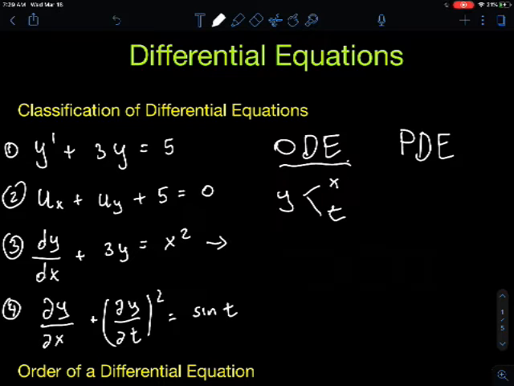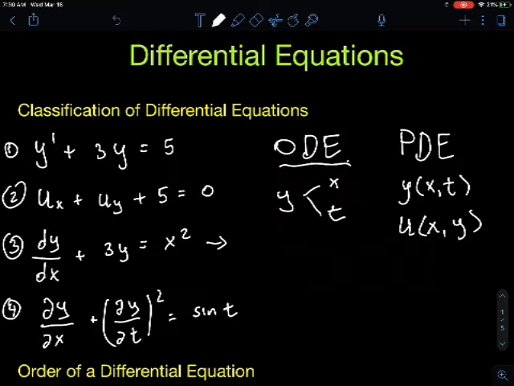It's usually obvious from the equation, not always, but we'll see in a problem what I mean. And PDEs are functions that depend on two or more independent variables. So we'll have functions like y that depend on two variables, x and t, or functions u that depend on x and y.